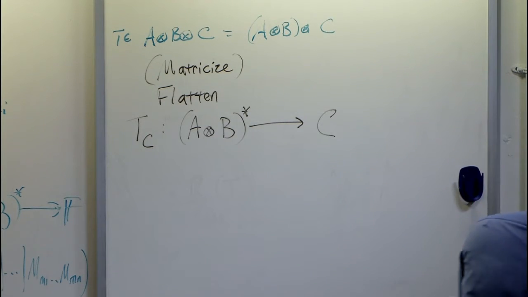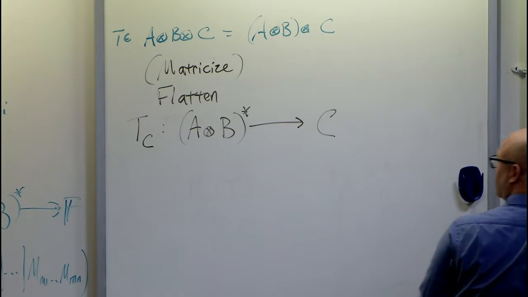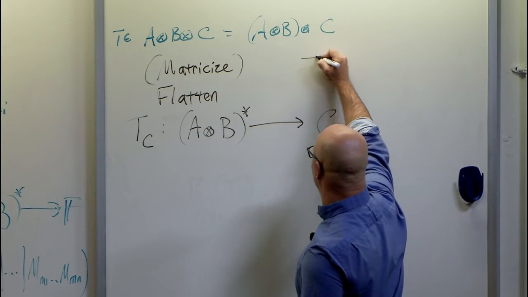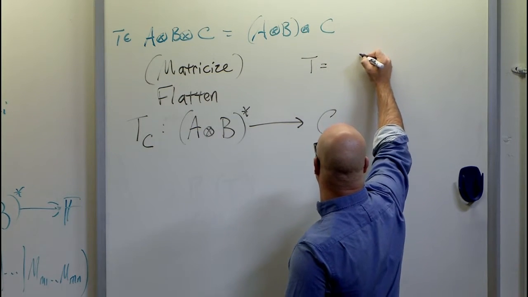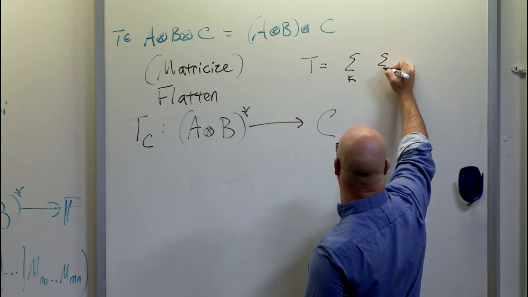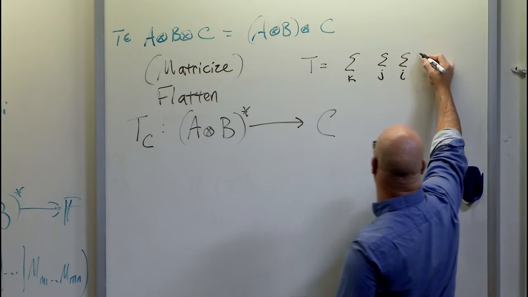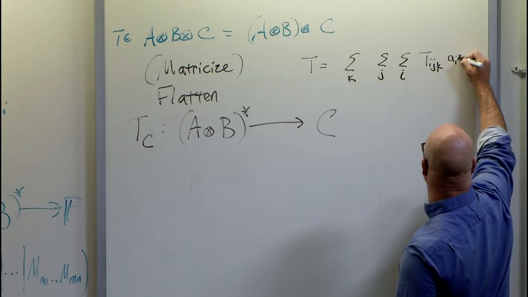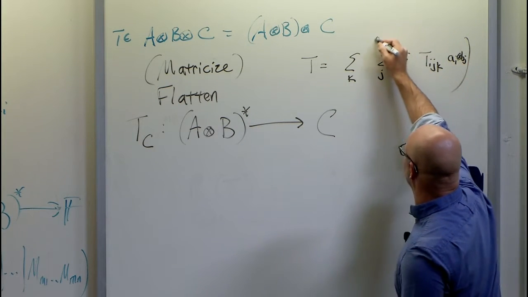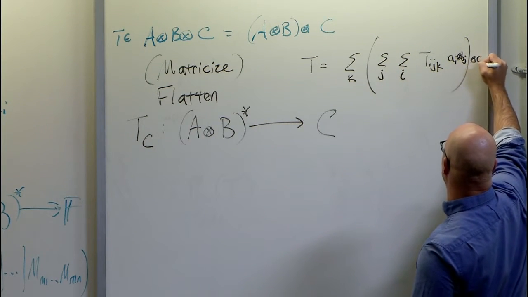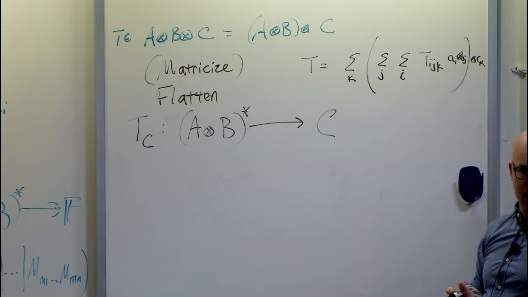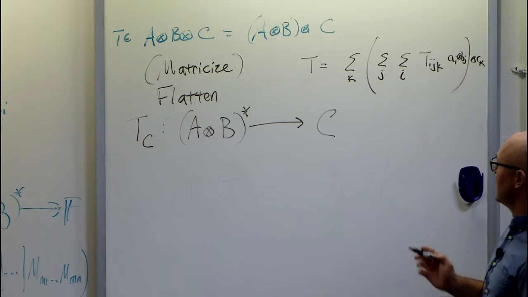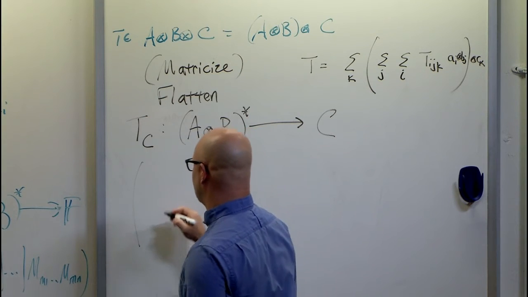And just so I don't mess up the indices, let me write them. So we're thinking of our tensor as a sum over k, sum over j, sum over i, T_ijk, a_i tensor b_j, and then I'm going to parenthesize here tensor c_k. So this is the abstract thought of a flattening, and now I write it as a matrix.